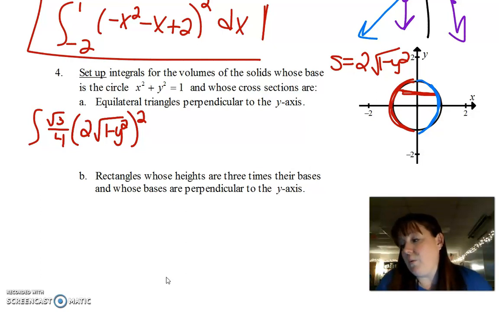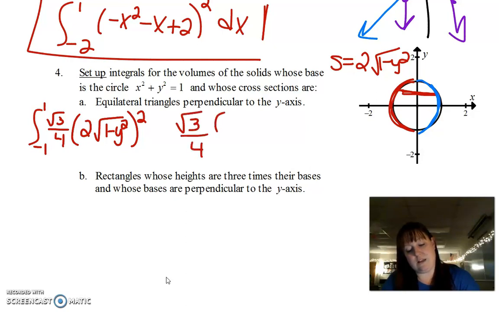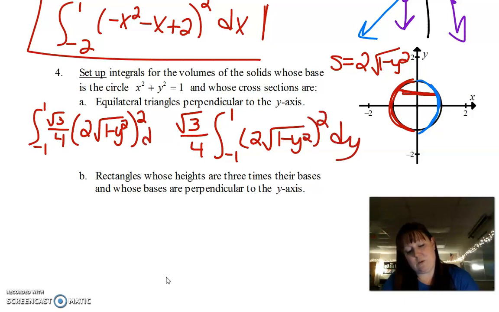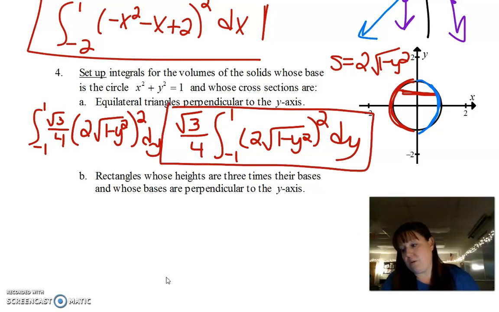What's the lowest y value it takes? It has a radius of 1, so it goes from negative 1 to positive 1. Since the root 3 over 4 is a constant, we bring it outside the integral, and we have 2 root 1 minus y squared, squared, dy. Don't forget the dy, because that tells us that we're integrating with respect to y. So there we go, we set that one up.